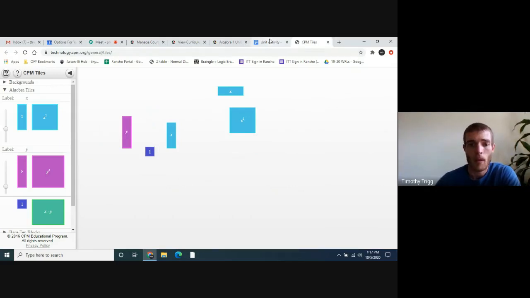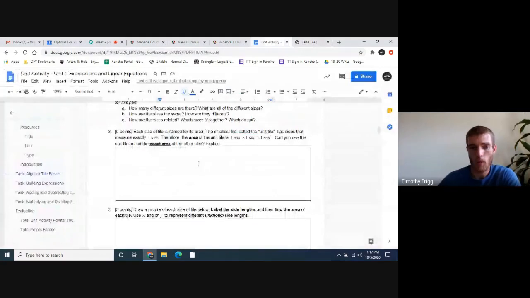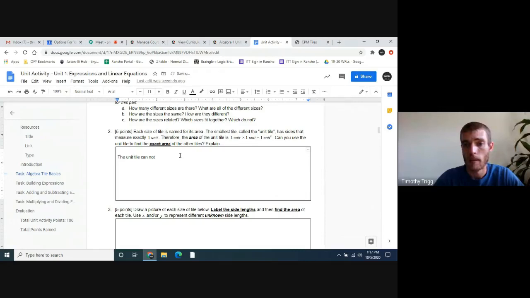So what I explained there is what you want to explain here: that the unit tile cannot be used to find the exact area of any of the other tiles.